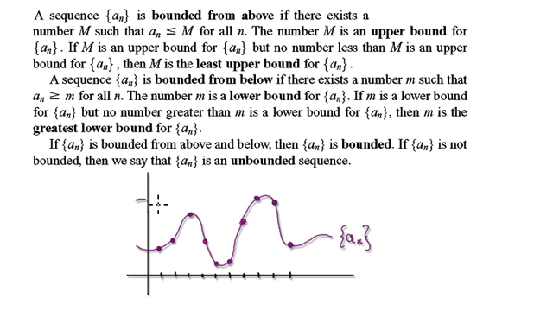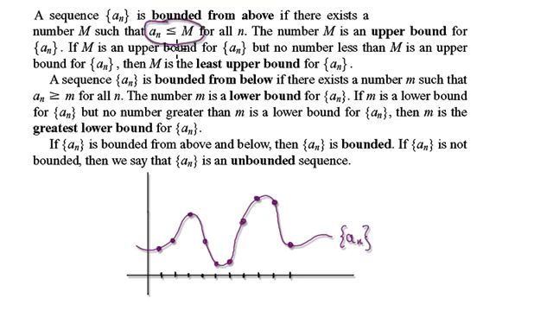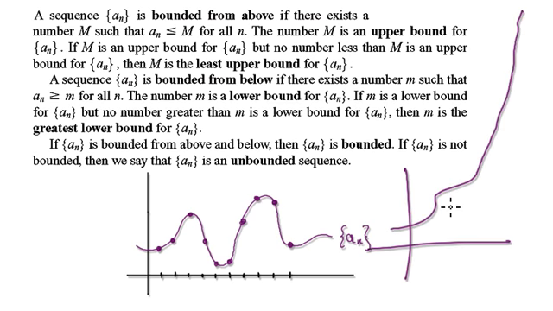So this sequence is bounded from above if there exists a number M where all the terms of that sequence are always less than or equal to that M, so for all n. If you have a sequence like this going all the way to infinity, then there is no ceiling here.